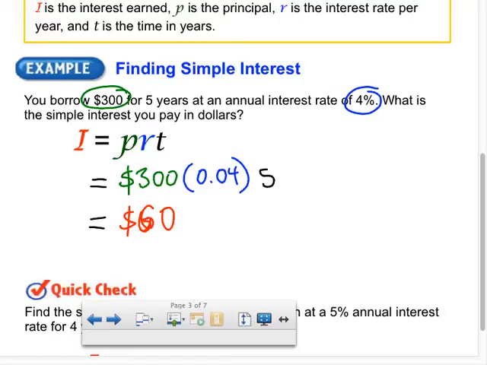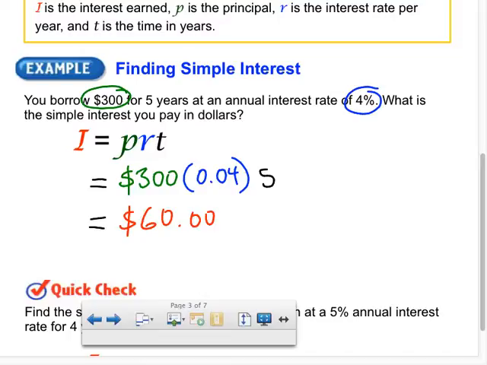Now be careful when you're writing this out, because when we're talking about money, if we have a decimal value, make sure that you carry it out to the hundredths place, because we need to make sure that we're going to the nearest penny. Does that make sense? So $60, if you just had $60 and there's no pennies, I'll take that. But if you have parts of a dollar, make sure you have it to the correct decimal place.